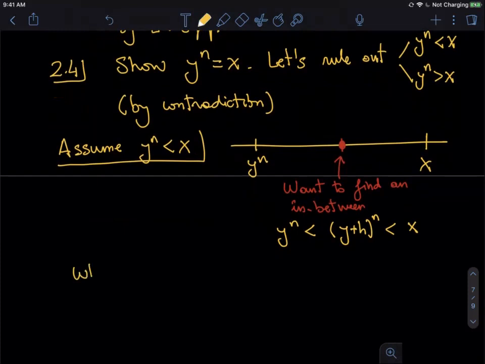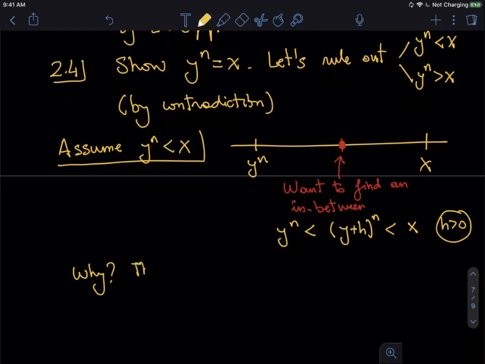Why is this helpful? Because then, let's say h, I want h to be positive, okay? So that it's on the right of y to the n. So why do I want this?